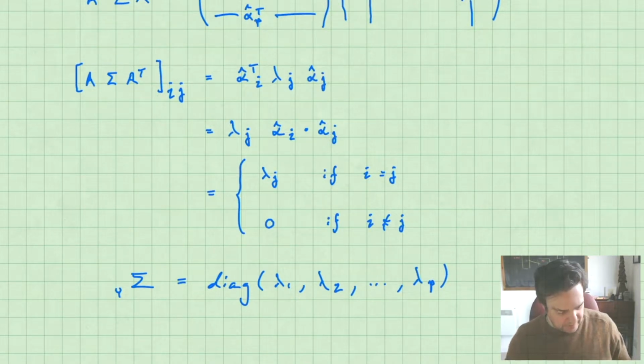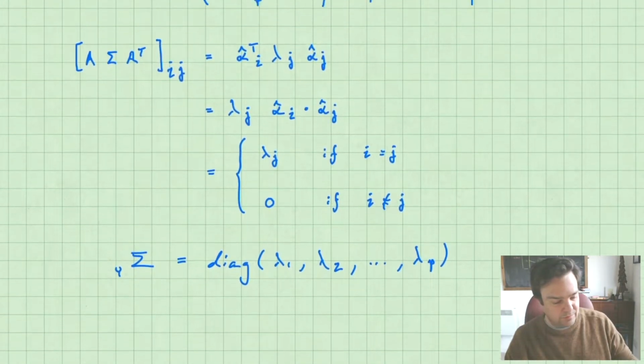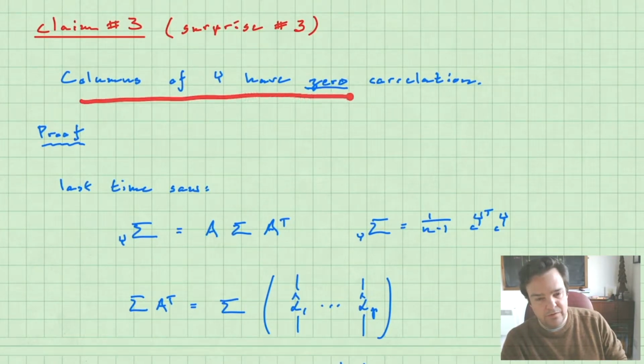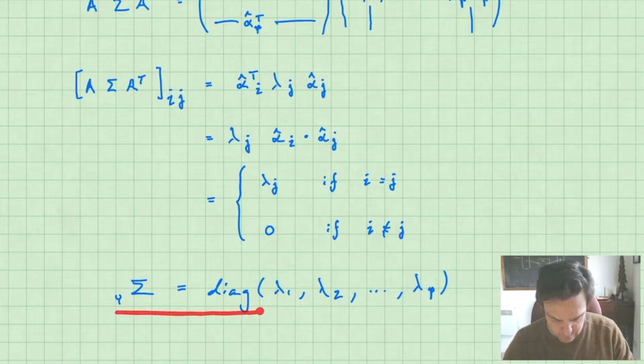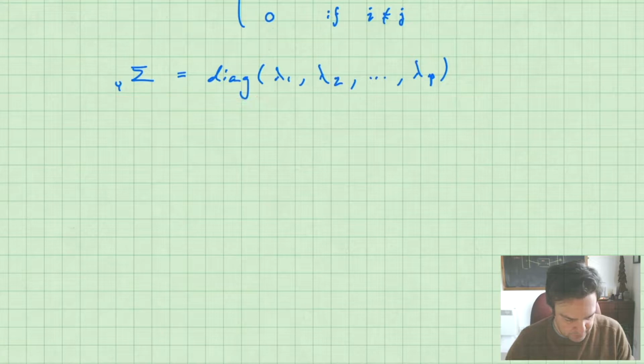And all of its off-diagonal elements are 0. And so that proves what we were after. It proves that the columns of the matrix Y are not correlated because all their covariances are 0. The variances are the non-zero parts, and those are the eigenvalues.